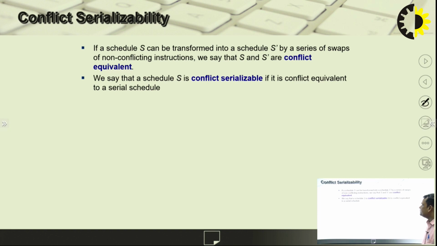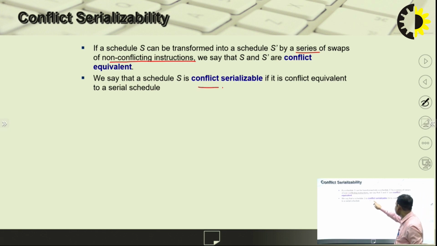Conflict serializable: a schedule S can be transformed into a schedule S dash by a series of swaps of non-conflicting instructions. S and S dash are conflict equivalent.